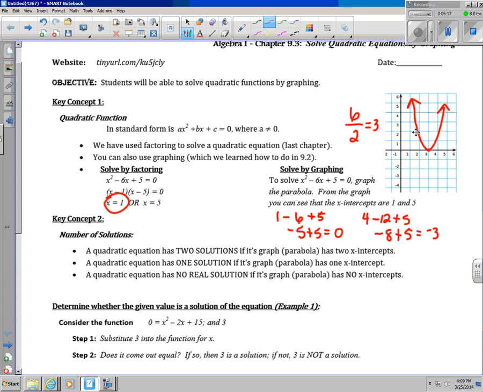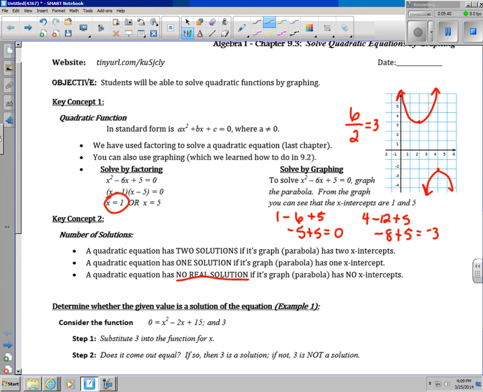Now a quadratic equation has no real solution if its graph has no x-intercepts, and that would look like this. If your vertex sat right up here and your parabola opened upward, it doesn't hit the x-axis. It never intersects it. Or it could have a vertex down here and open downward.